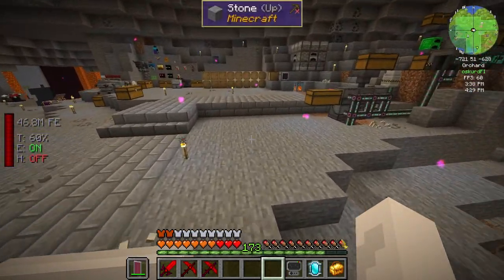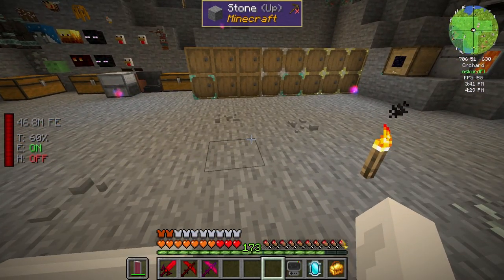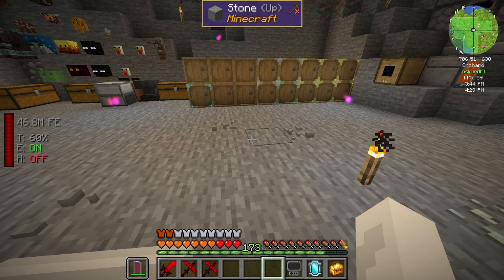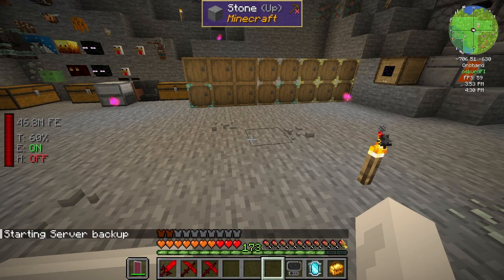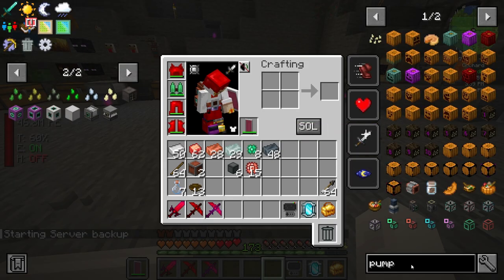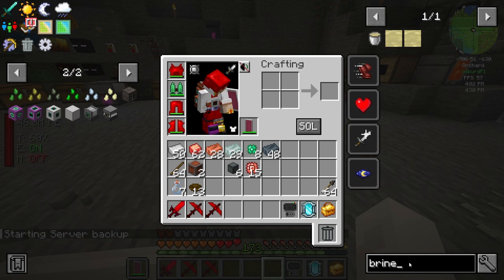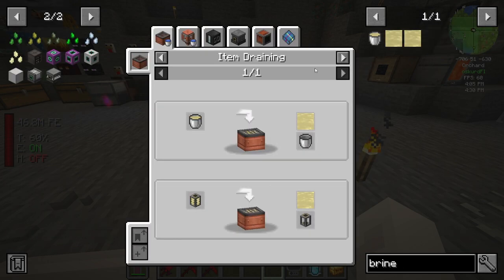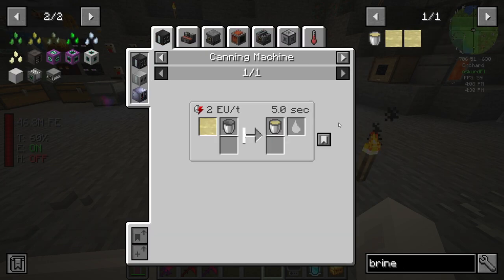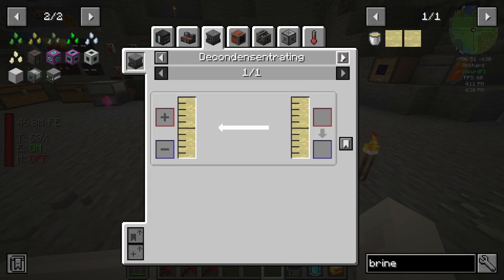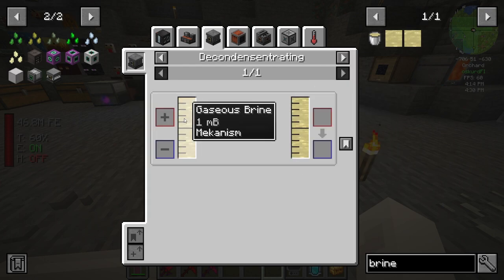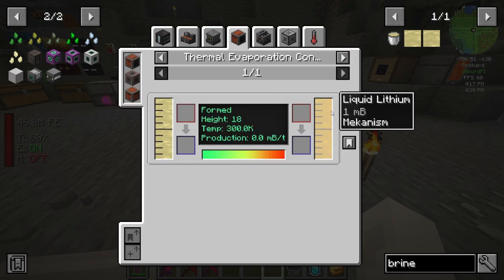And now the question is how large tanks we are making. Because that special liquid lithium is something we do need in future, so now we can build a bigger buffer for that one. That brine, I don't think we need that too much. We can turn this into gases or lithium.